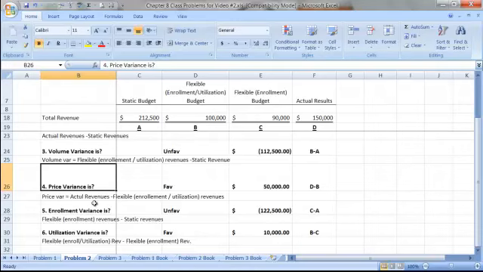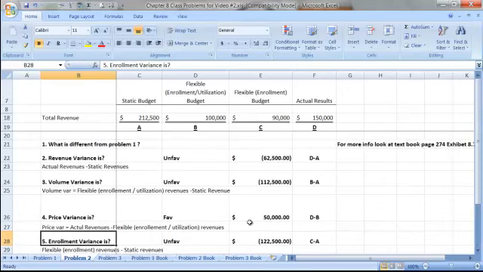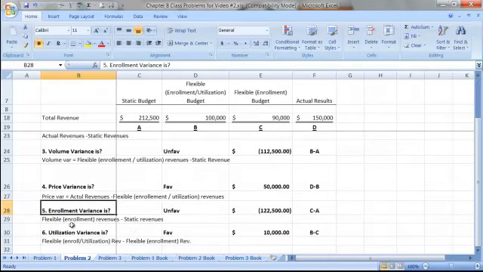And look at our price, our enrollment variance. Our enrollment variance is now over here, and we're going to take our flexible enrollment revenue versus our static. So this compared to this.